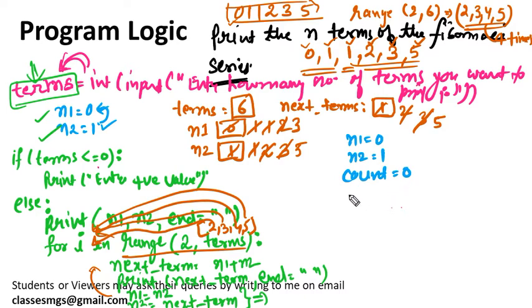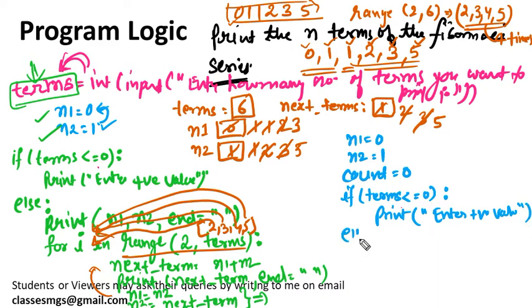Initially we will have the count 0, and if terms value is less than or equal to 0, then the same error message we will print: enter positive value. Else if terms value equals 1, then you directly print n1 because n1 is the first term.